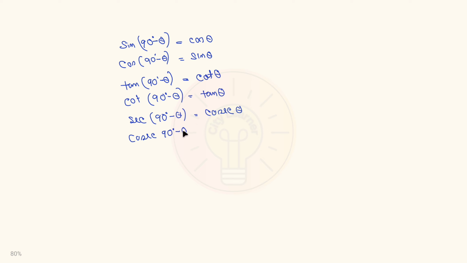Sec of 90 minus theta is equal to cosec theta. And cosec of 90 minus theta is equal to sec theta. So in this way it changes. If it is 180 degrees or 360 degrees, the function won't change. Sine will remain sine itself.